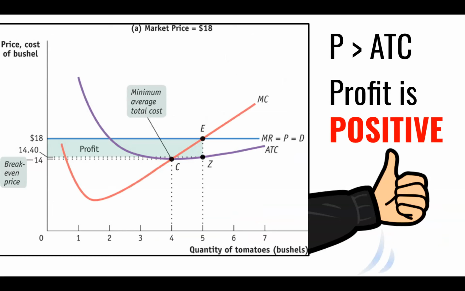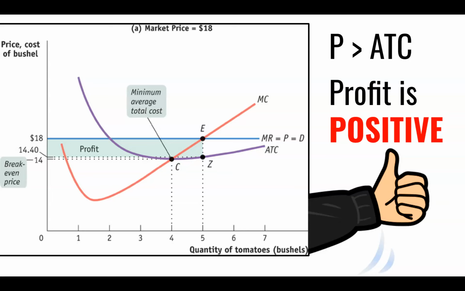In this example, the firm is facing a market price of $18. That's the marginal revenue equals price equals demand. It intersects marginal cost at a quantity of 5. So we find that MC equals MR point, and we go down to the horizontal axis to find the quantity. And we notice that the price at a quantity of 5 is greater than the average total cost at a quantity of 5.